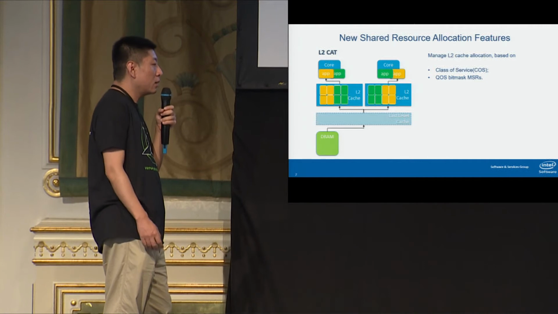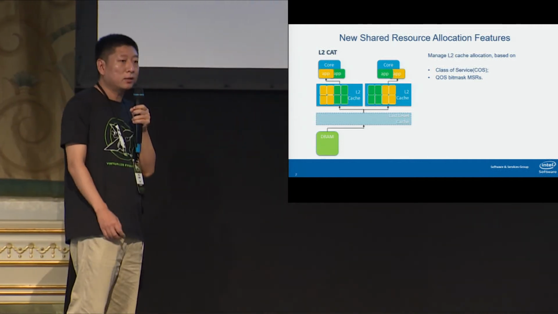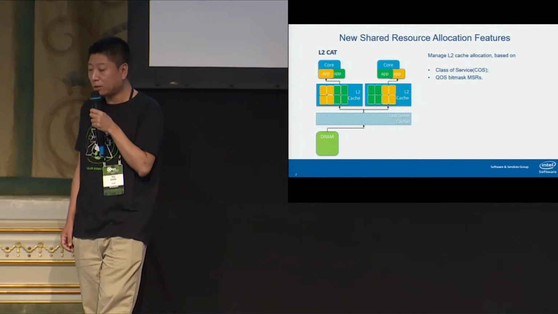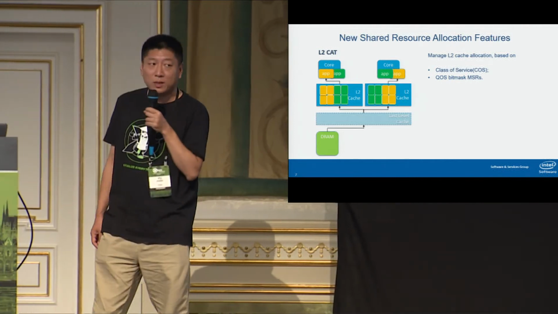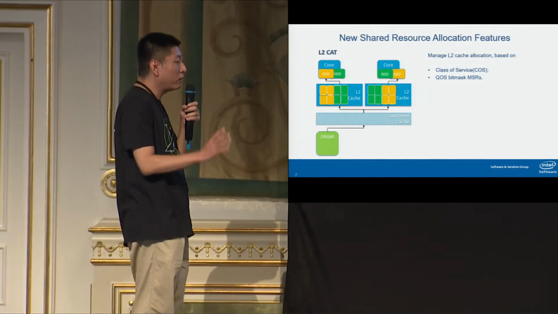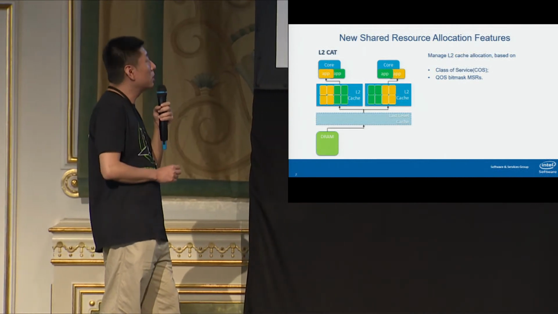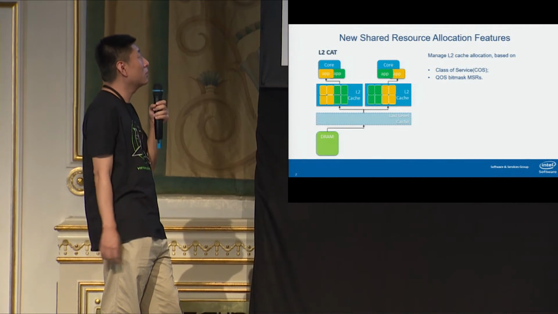This MSR specifies how much of the cache lines can be allocated to a specific user, and also specifies how the cache lines are overlapped or shared, or separated and isolated, between different applications.